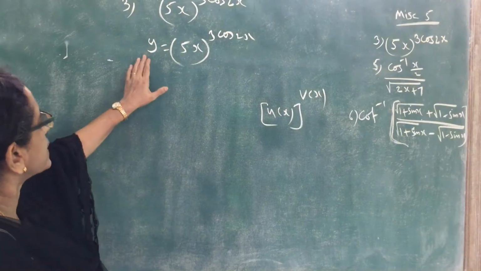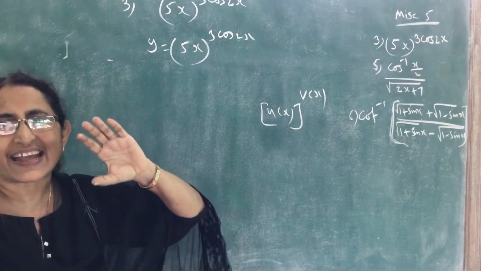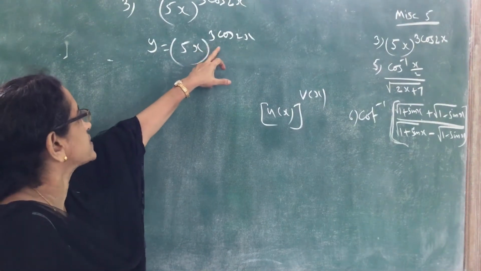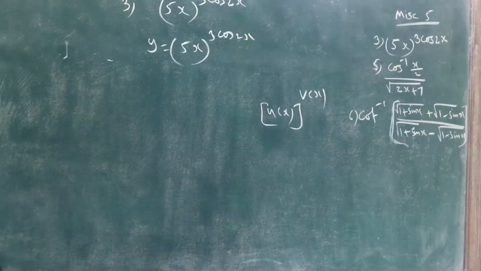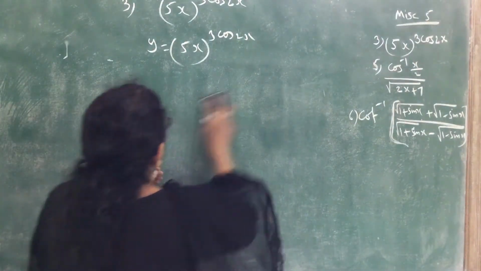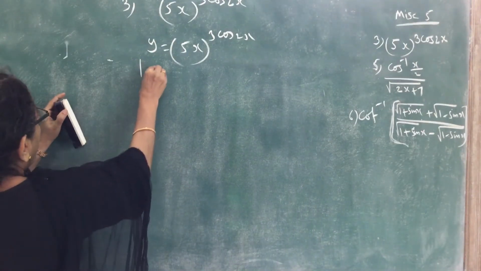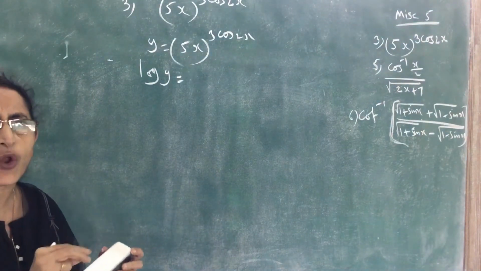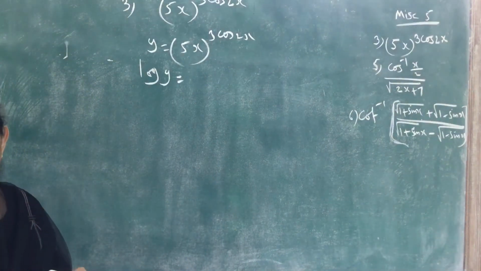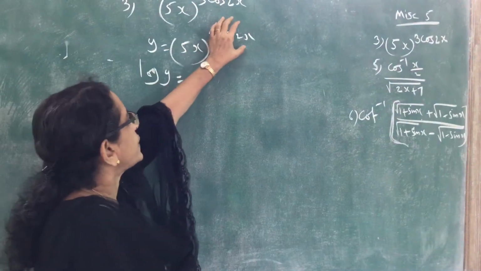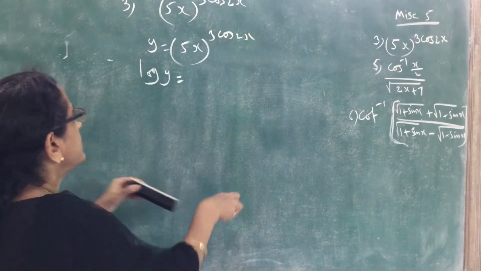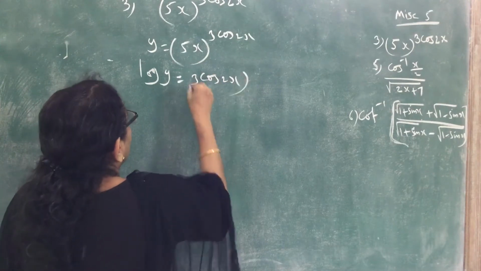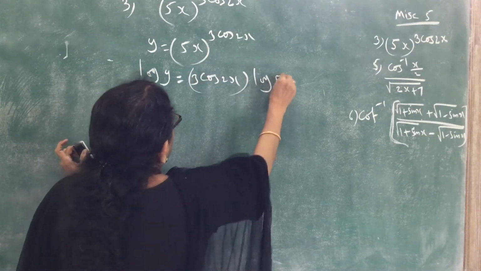So this is the given function, y equal to (5x) all raised to 3 cos 2x. Now we have to take logarithm. So we get log y equal to logarithm of this function. When we take logarithm, we have to use the logarithmic rule. First we write the power, that is 3 cos 2x, into log 5x.